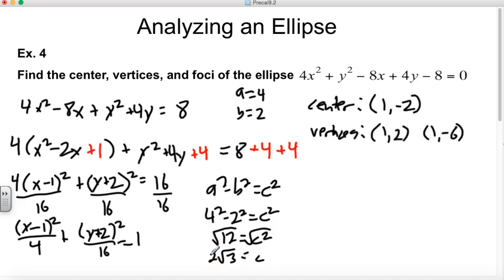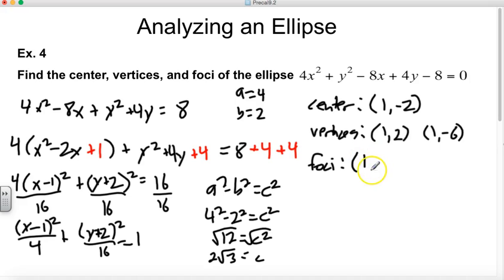Alright, so we're going to add this to the y coordinates, just like we added 4 to the y coordinates, because remember your foci are also on the major axis with the vertices. So we're going to add 2 square root of 3 to this y value.